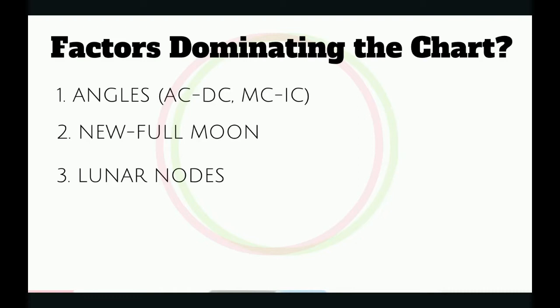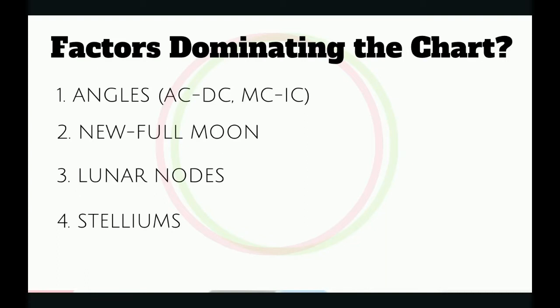It also gives clues to the client's early life experiences in this life. And it also tells us what the client needs to learn and master in this lifetime. Like the angles, anything that touches the nodes dominates the chart.